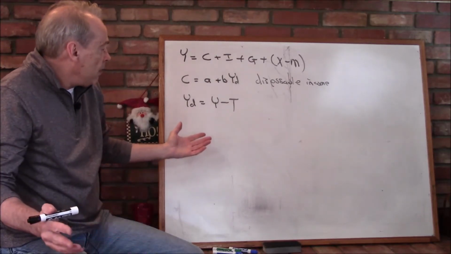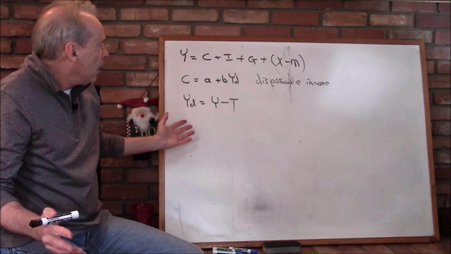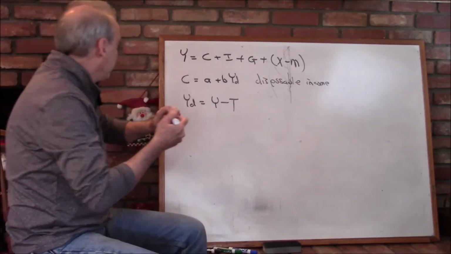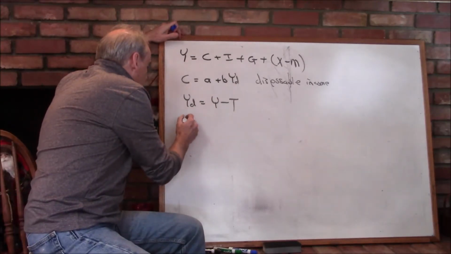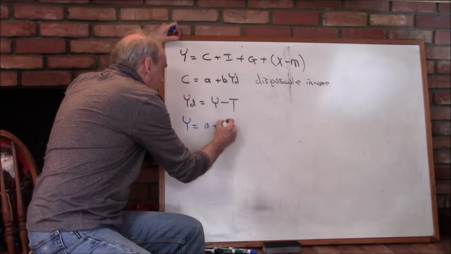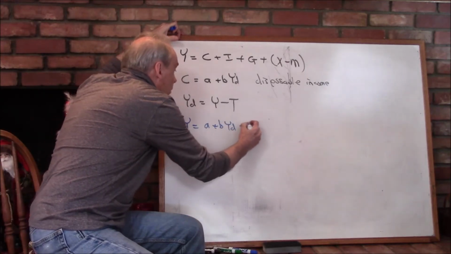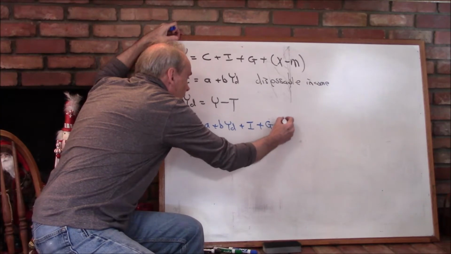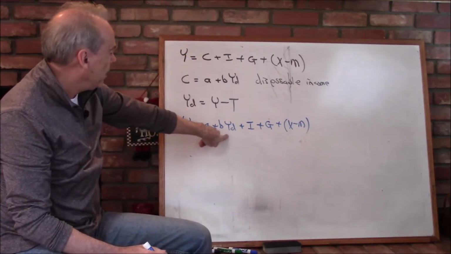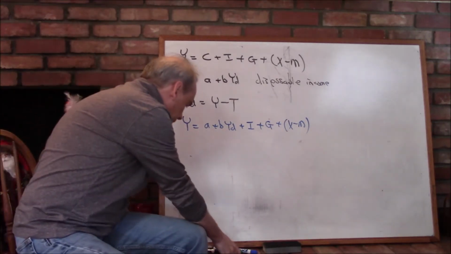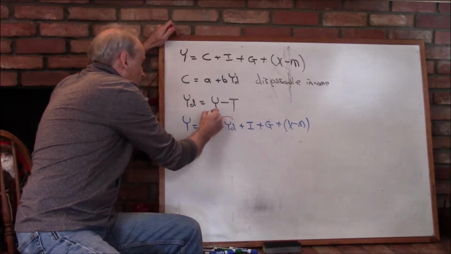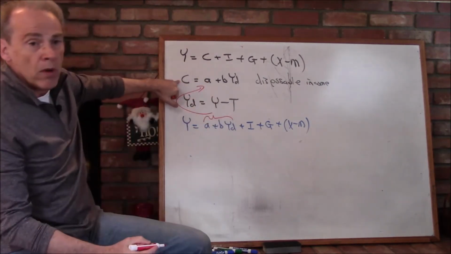All right, so all I have to do now is re-derive the multiplier. So here we go. Y is equal to A plus B YD plus I plus G plus X minus M. Notice first, I have substituted in here what came from the equation up above.